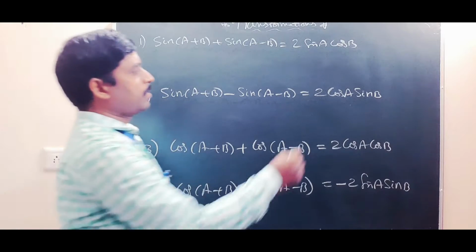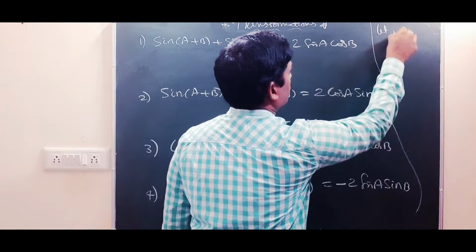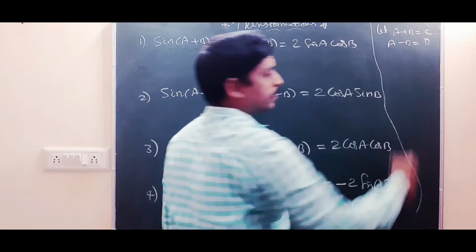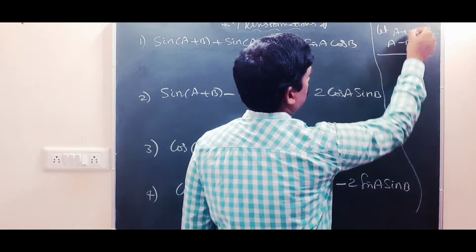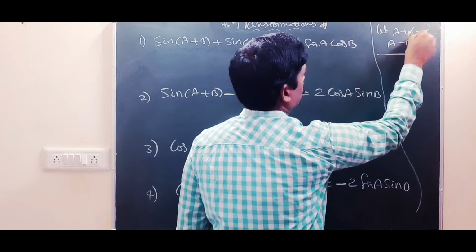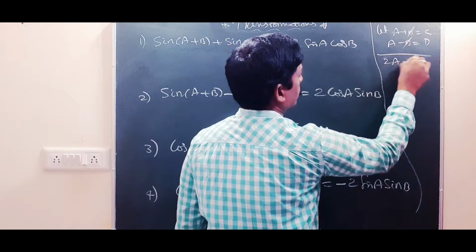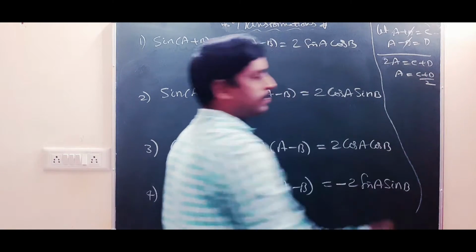Okay, let us take A + B = C and A - B = D. Okay, first we have to find the A, B values. So first, adding these two equations, 2A = C + D, where A we get (C+D)/2.